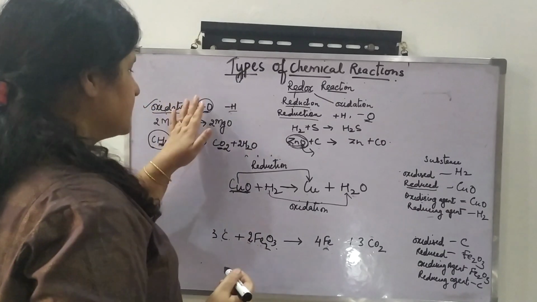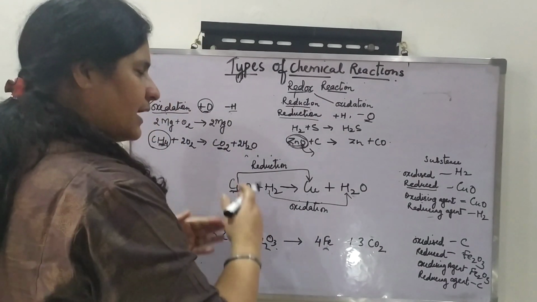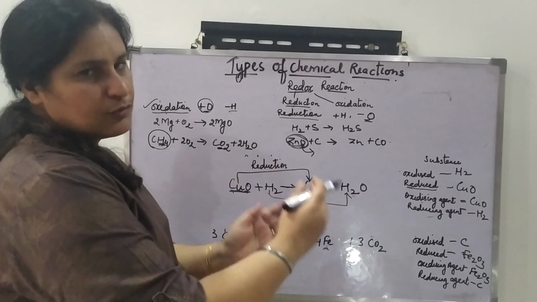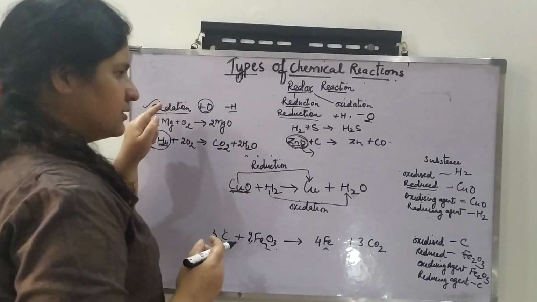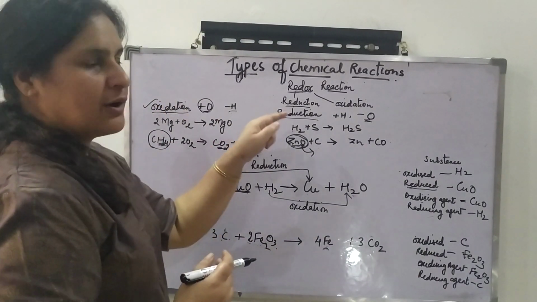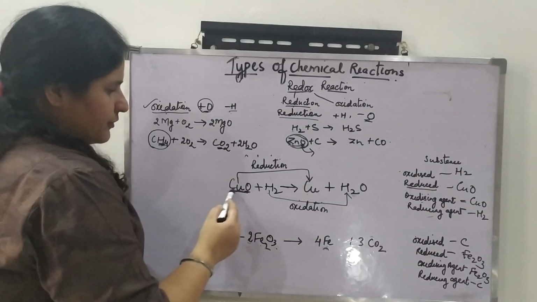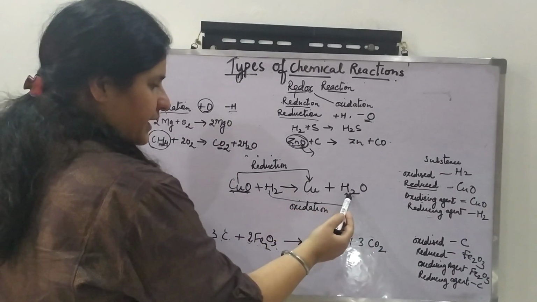So oxidation is addition of oxygen or removal of hydrogen, and reduction is addition of hydrogen and removal of oxygen. If you know oxidation, you will be able to tell about reduction also. Now here is an example: copper oxide combines with hydrogen to form copper and water.